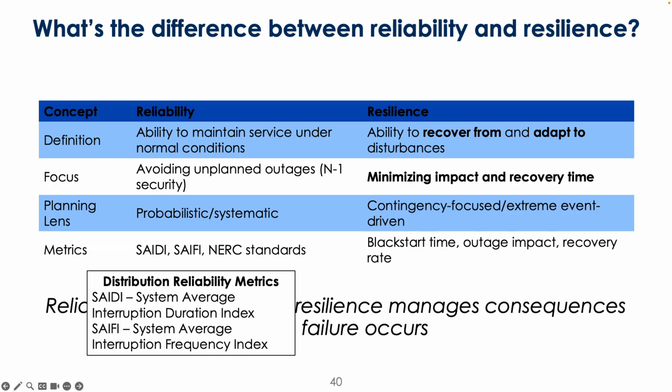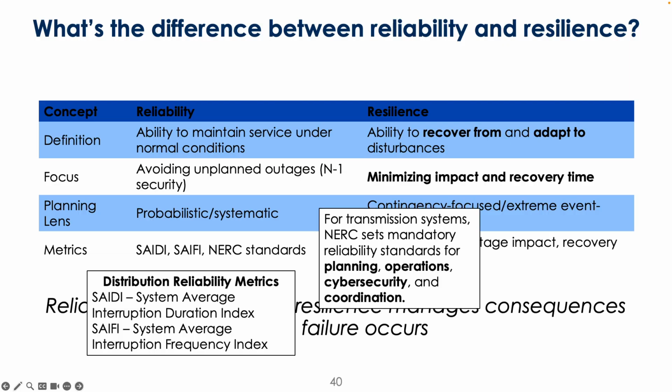That makes more sense. And then resilience, the ability to recover from and adapt to disturbances. So you have all these contingency cases. You think about things like how long it would take to start up from a blackout, essentially, the impacts of an outage, recovery rates, these sorts of things.